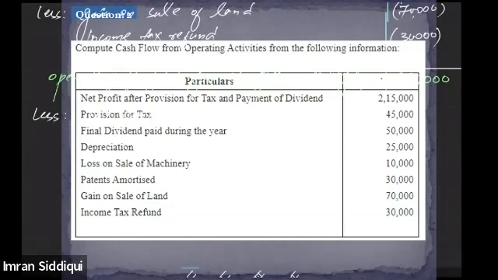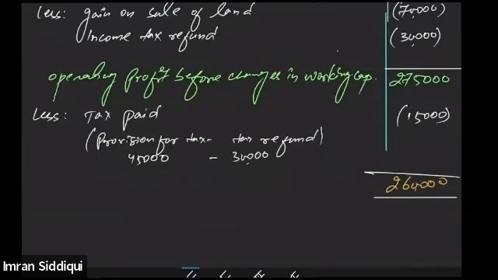So to find out the amount of tax paid, it would be provision for tax minus tax refund that we have got. So that will be 45,000 minus 30,000. So this is the final answer: 2,60,000.